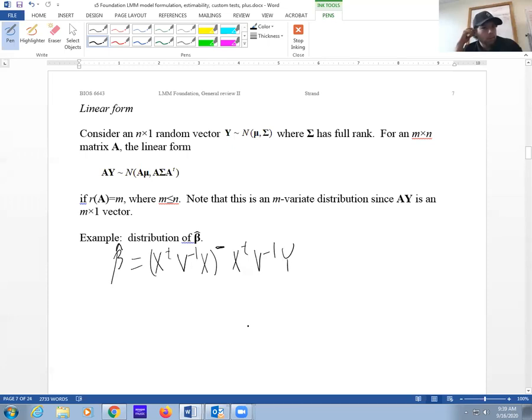If you multiply a pseudo inverse by itself, do you get the identity matrix, or is that only a property of true inverses? That's only a property of true inverses. That's a really good question.